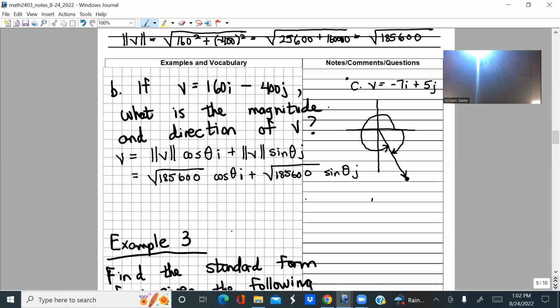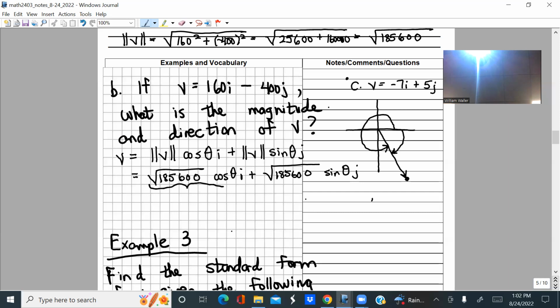Now, however, I want to point out something. Here is v written in standard form, but here is also v written in standard form. So notice we know what the coefficient of the i is, and we know what the coefficient of the j is.